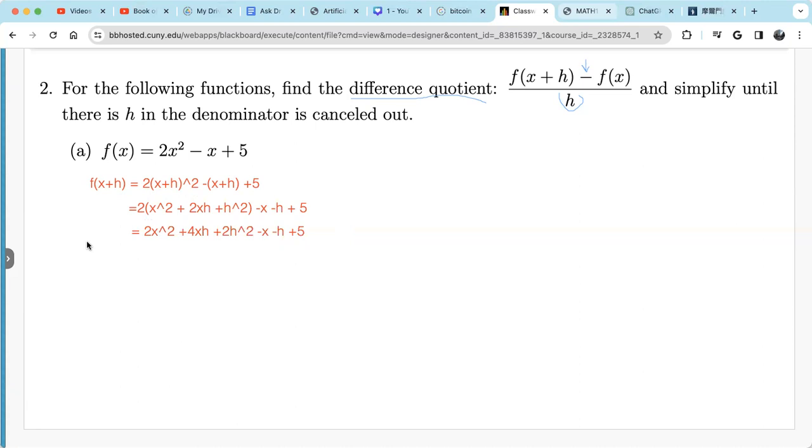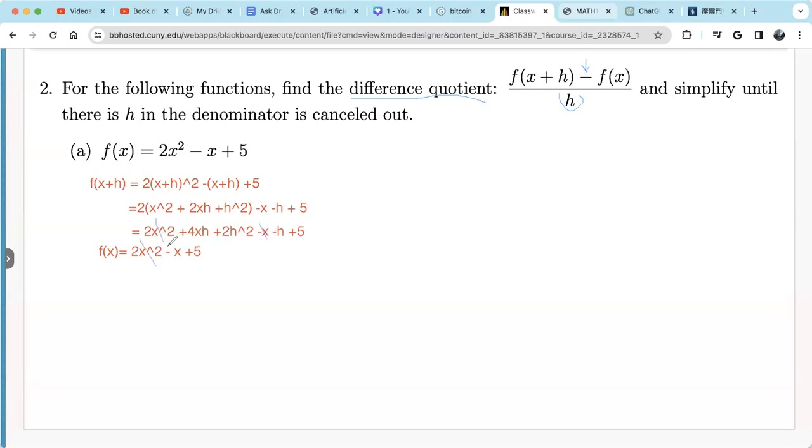Now let's subtract. Let's write down f of x underneath, so we can subtract vertically. f of x equals 2x squared minus x plus 5, right? Let's do the subtraction. We saw 2x squared minus 2x squared is gone.